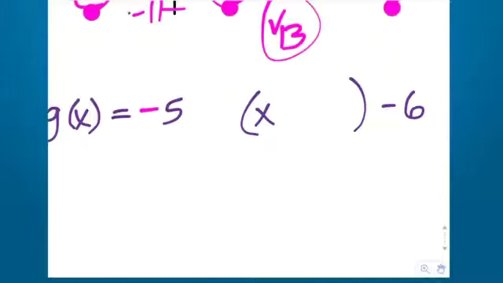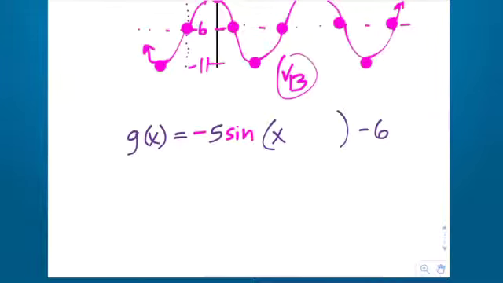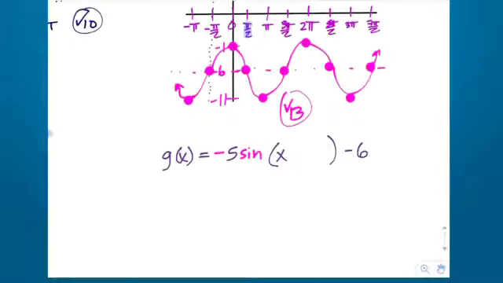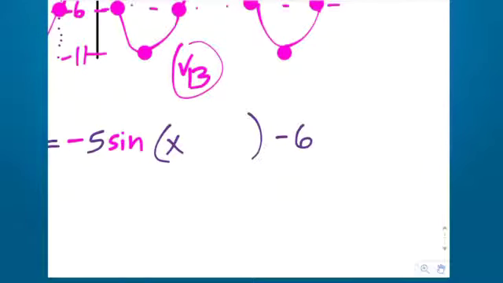So -5 sine, and now all we have to do is find the phase shift. Negative sine, what are we looking for? Axis going down. Axis going down could be pi halves to the right or 5 pi halves. That's what I have labeled there. So it would be either minus pi halves or minus 5 pi halves. That'll be check number 14.